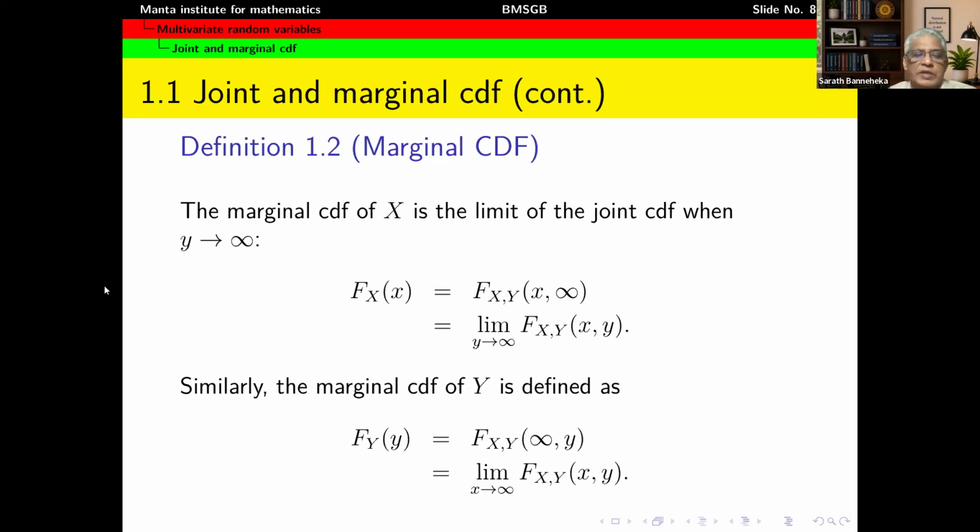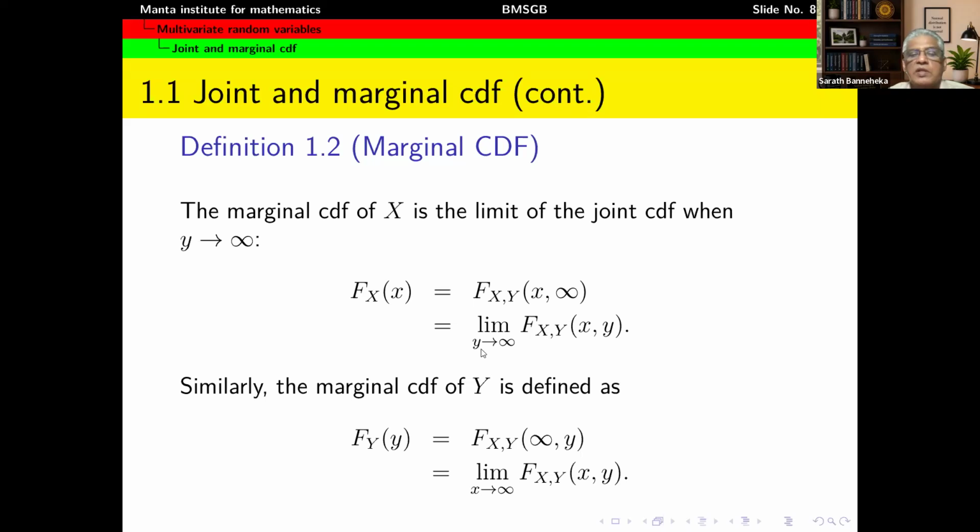For example, if you want to get F_X(x), then you have to set y to infinity here, right? So that you get this cumulative distribution function of x evaluated at little x by letting y in F_XY(x, y) go to infinity.